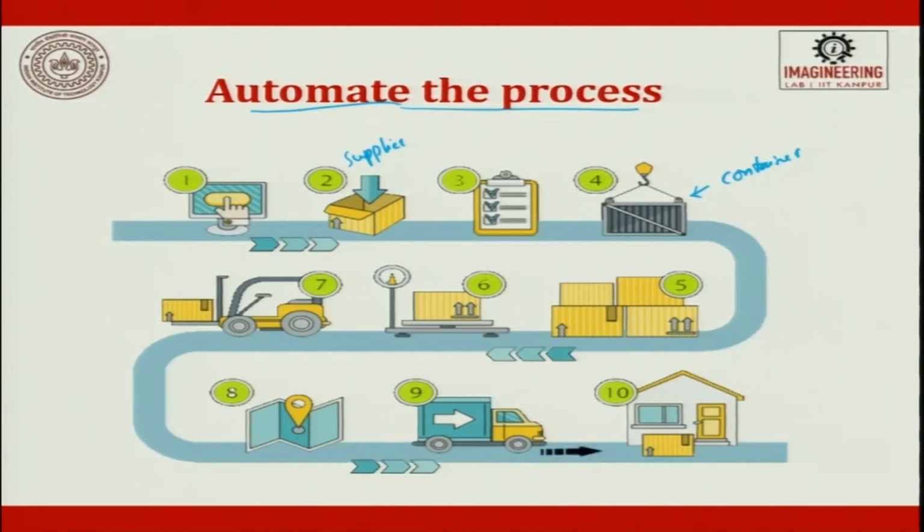This has a sensor which communicates with the main server, and then the information goes to the individual trolley moving, and the company and other locations are identified. Then a truck moves, and finally it gets delivered to home. So, this is the truck from the company, these are containers moving, this is brought into the factory and then it goes. This is how the entire process is getting automated today.